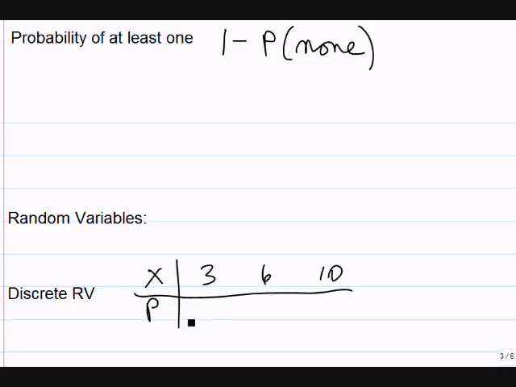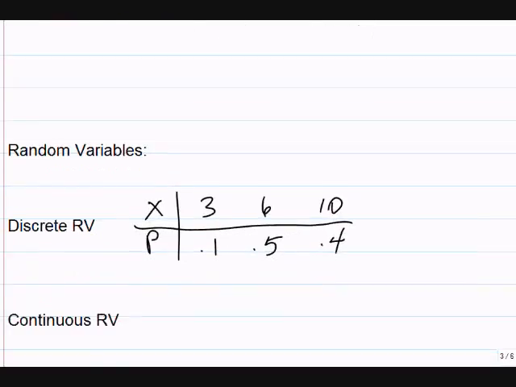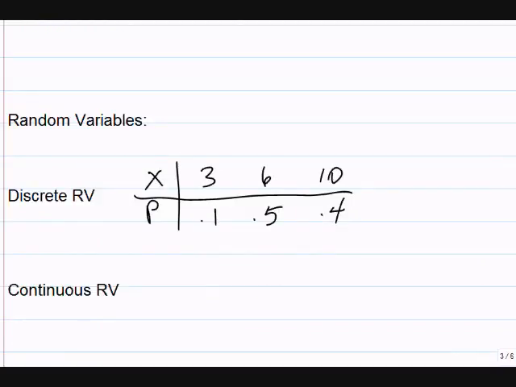And the probability of getting a 3 is 1/10. The probability of getting a 6 is 5/10, and then 4/10 for the rest. So often they'll have the table set up for you, or you have to put things into a random variable table like this, distribution.